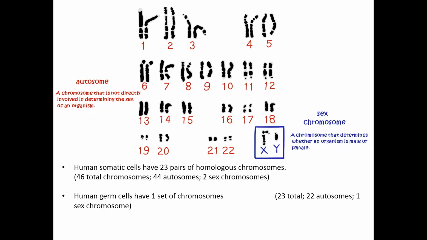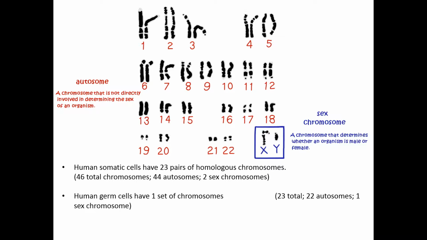You'll also want to review autosomes, sex chromosomes, karyotypes, and the complement of the number of chromosomes in a typical human cell that's either somatic or gametic.